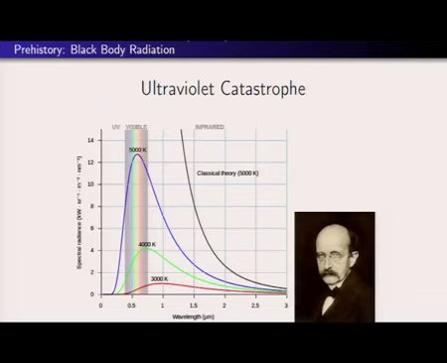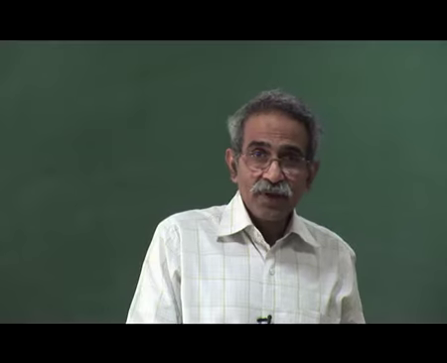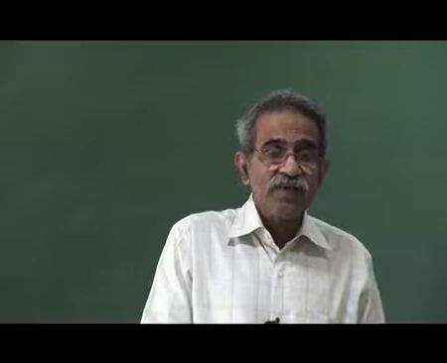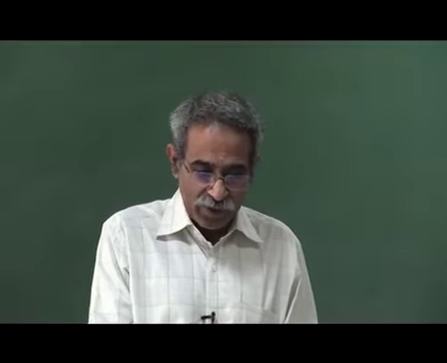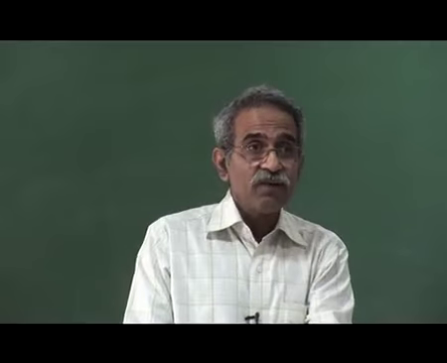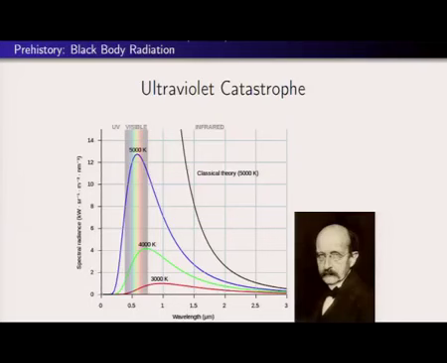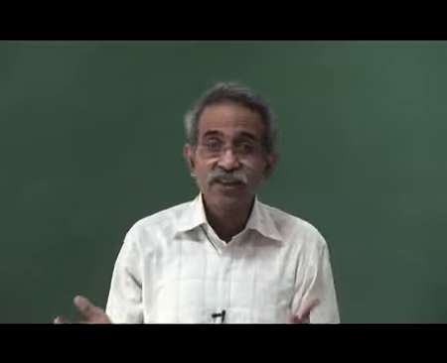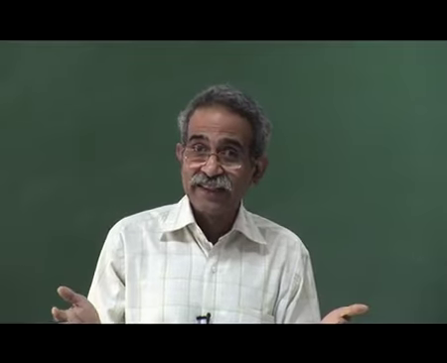Now, this is not just a matter of discrepancy. This is again a discrepancy of orders of magnitude. In fact, I cannot give even an order of magnitude, because if I want the total intensity, I have to integrate over all frequencies. Now, at any given temperature, my black body has some energy and it is in equilibrium with radiation, so that radiation should also have a finite energy.